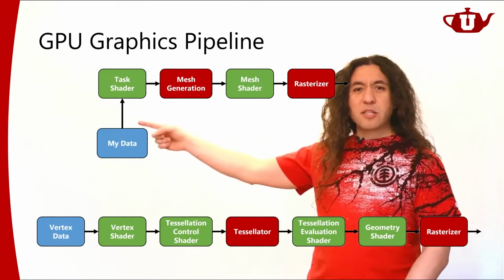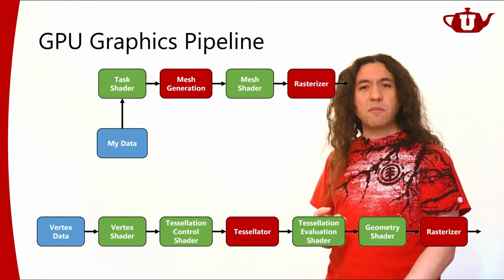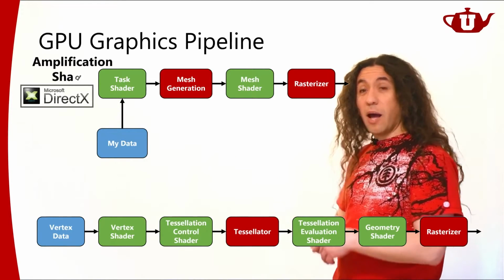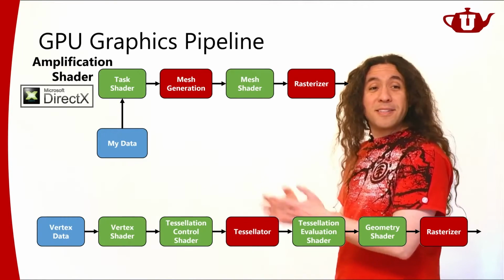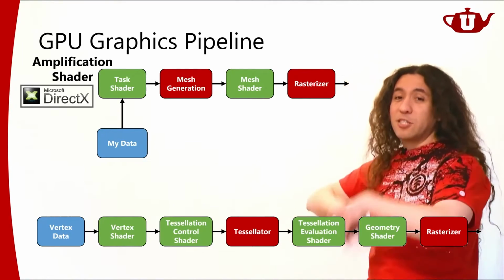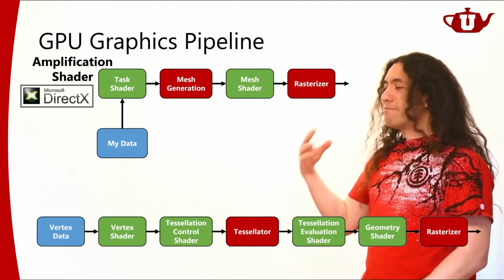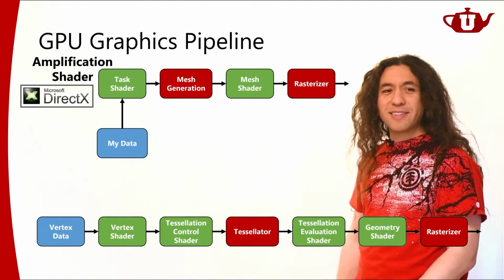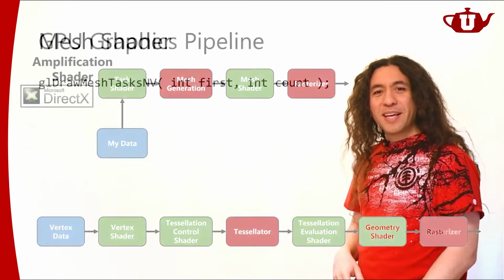If the name task shader does not mean much to you, DirectX actually calls it something else. It calls it amplification shader. Its job is to basically generate more and more data. I'm honestly not sure if that makes more sense, but that's what they're called.